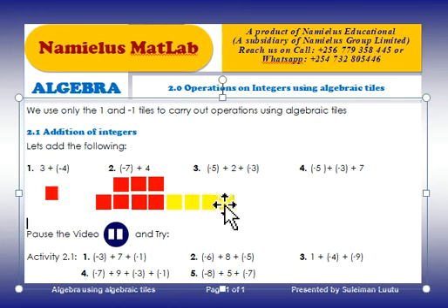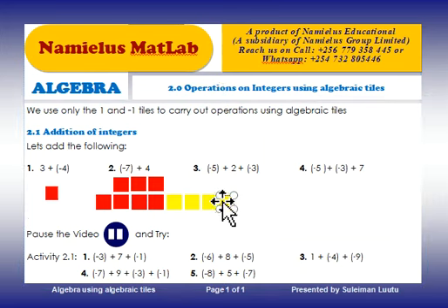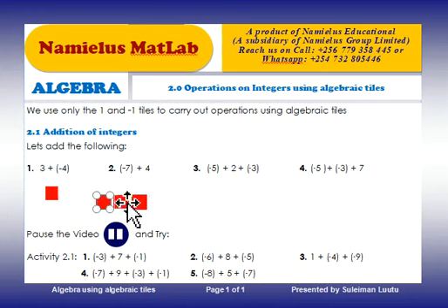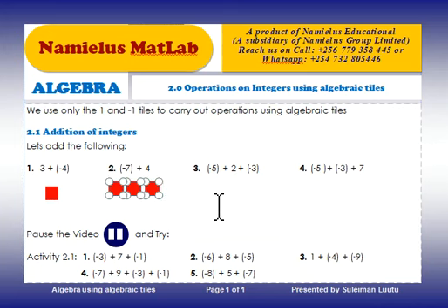So let's have this and this, they cancel out. This and this, they cancel out. This and this, they cancel out. Then this and this, they cancel out. So we remain with an answer which is -3. That is number 2.